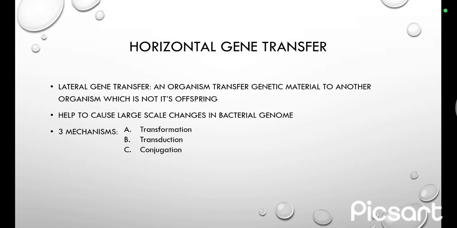It helps to cause large scale changes in the bacterial genome. And horizontal gene transfer in bacteria is carried out by 3 different mechanisms: transformation, transduction, and conjugation. Most of the time, the conjugation mechanism is preferred by bacteria.